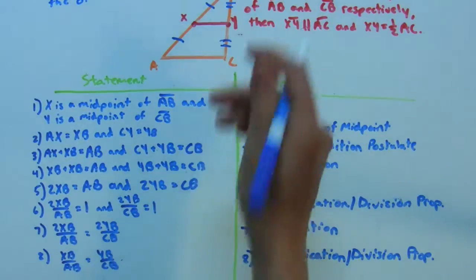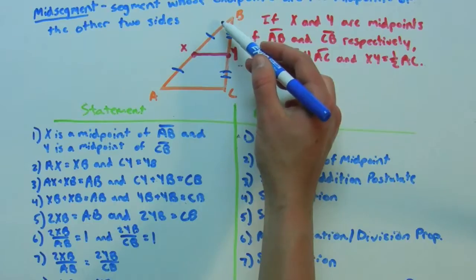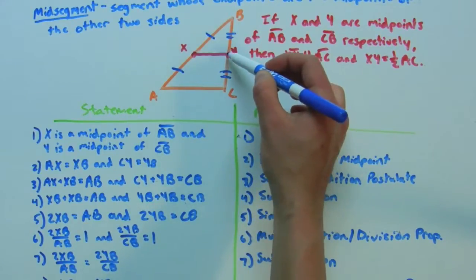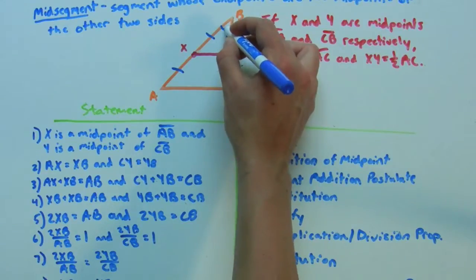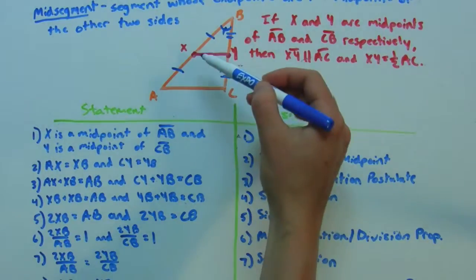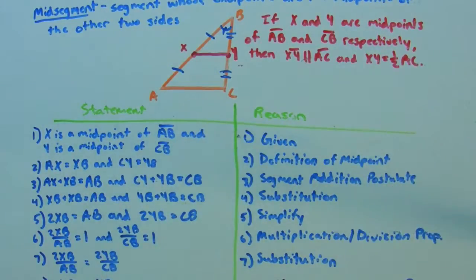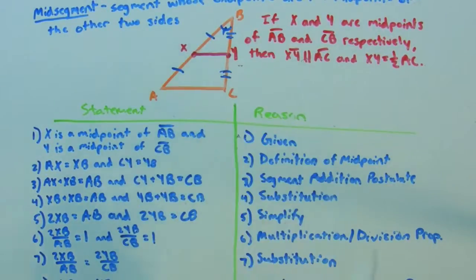So we have in the triangle XB over AB equals YB over CB, and we know that angle B is congruent to angle B. That's by the reflexive property. That will be our step 9, and then that will allow us to use the side angle side similarity theorem to show that triangle XBY is similar to triangle ABC.